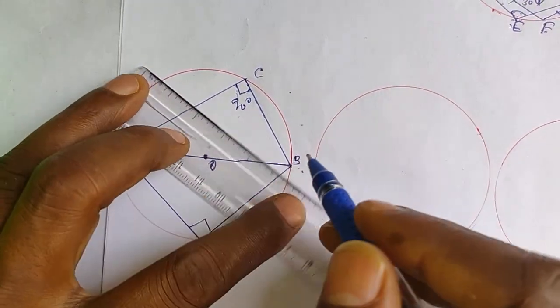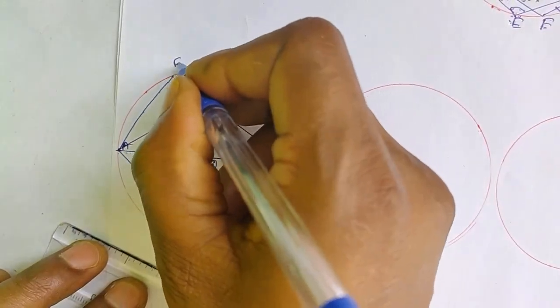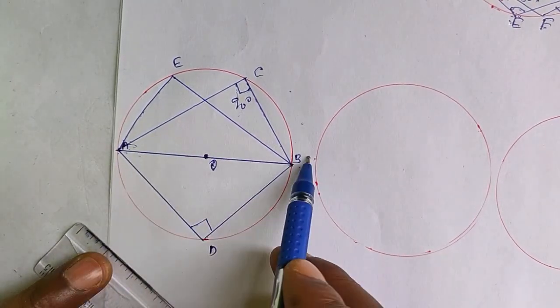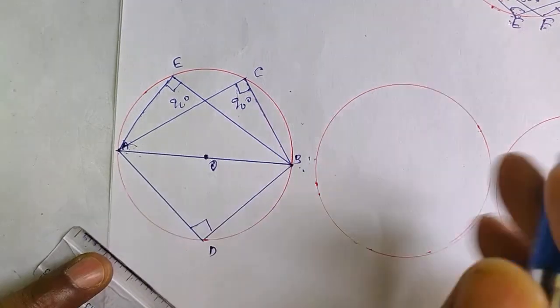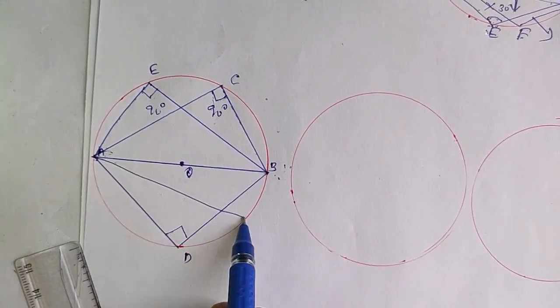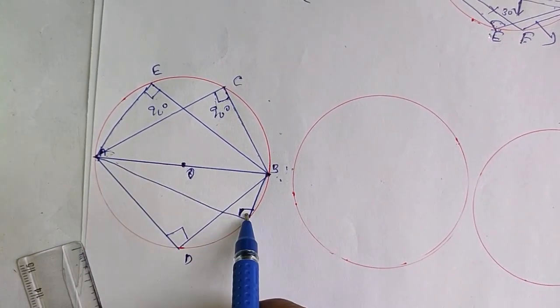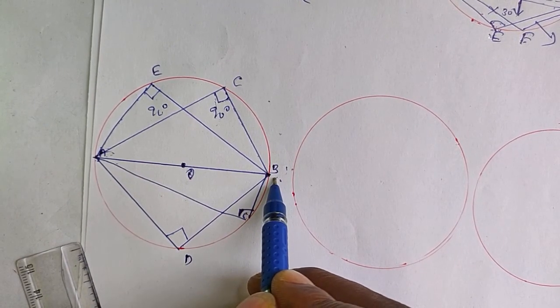Somewhere E is given like this; E angle is also formed from the ends of the diameter, therefore E is also equal to 90 degrees. So many angles you can form. The important point is that the angle is formed from the ends of the diameter.